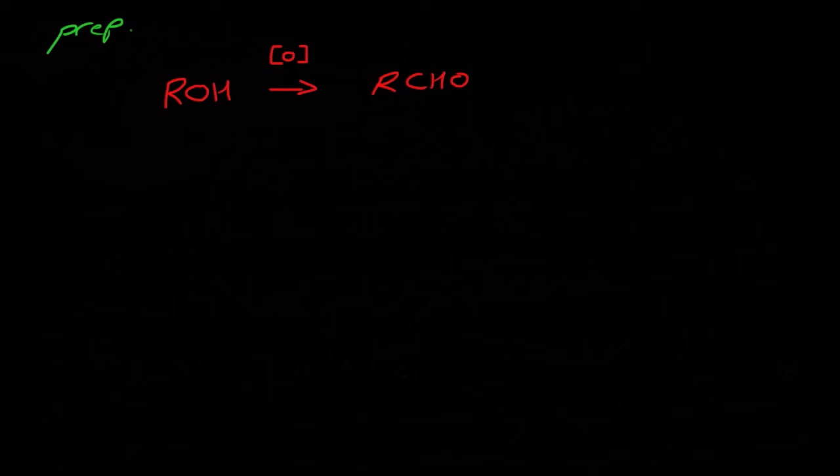So simply for a half equation for oxidizing an alcohol to an aldehyde, let's take ethanol becoming ethanal. But once again, we leave the gap so we can add on as we balance our equation.